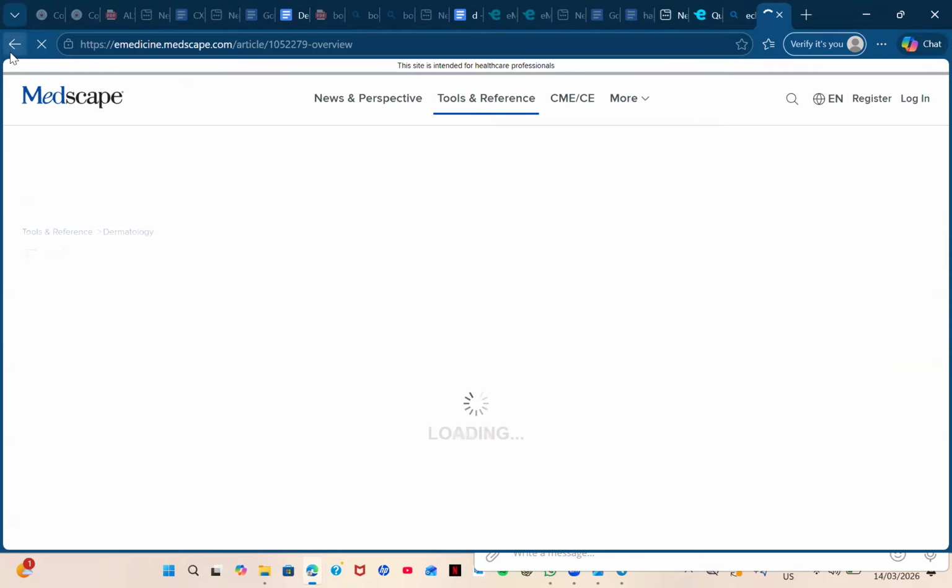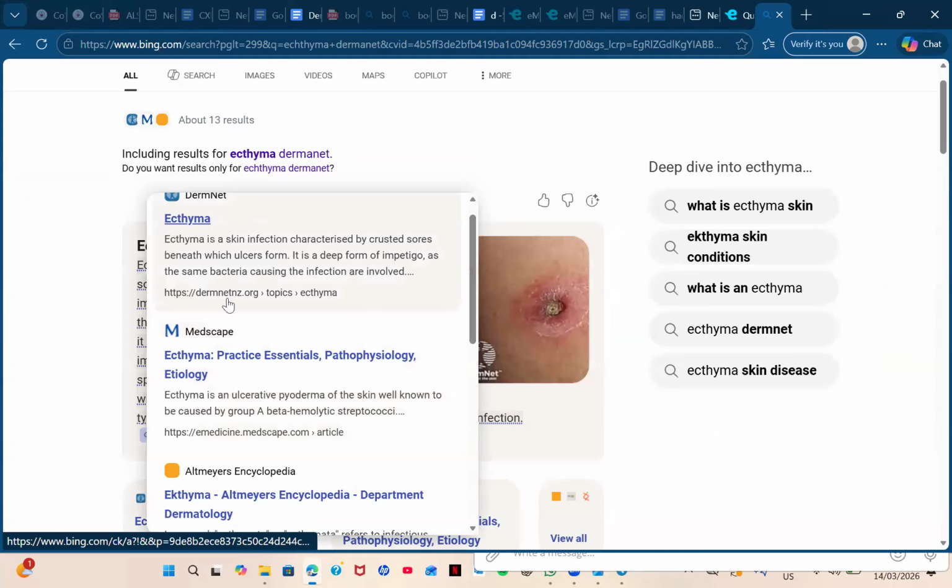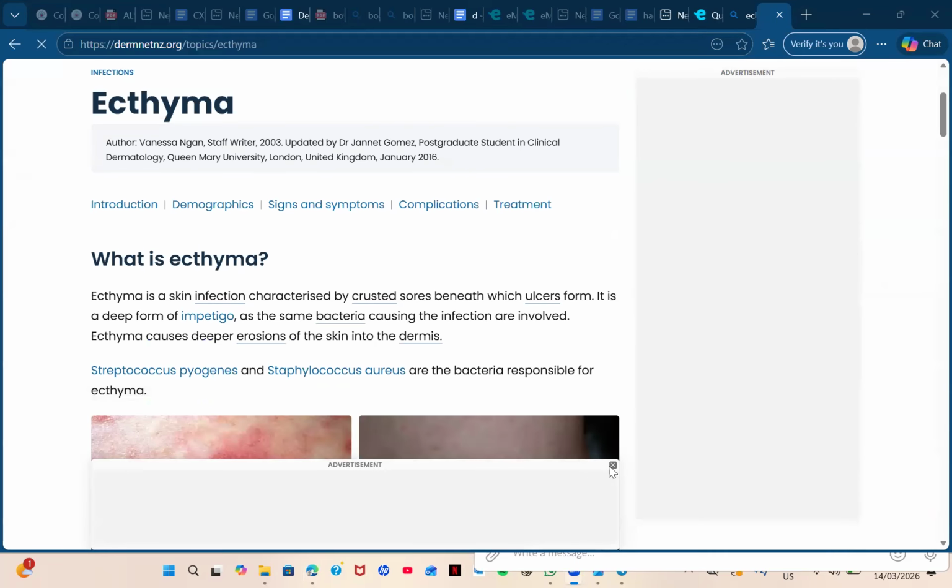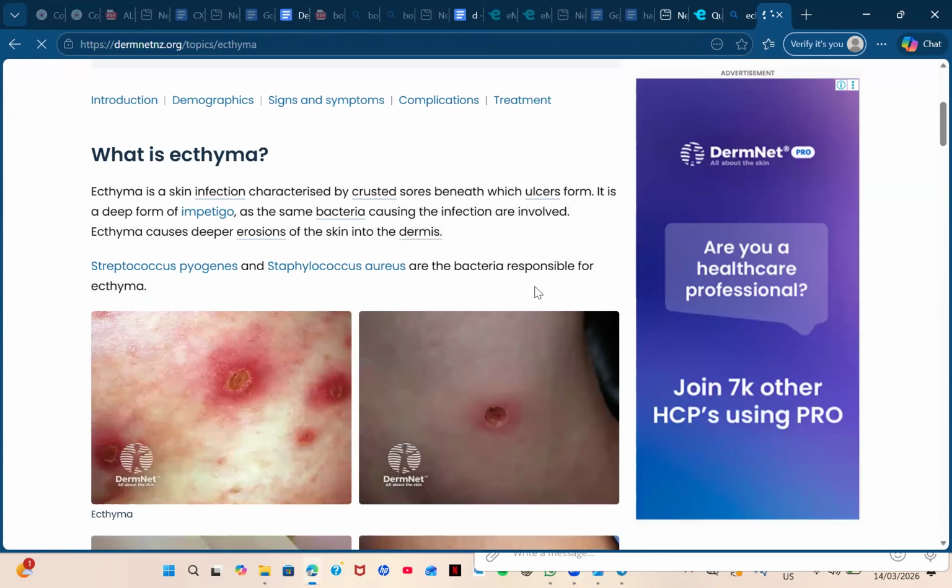Tell me, what is this? Okay, I won't dominate. Yes. Ecthyma is what? Please remember, because sometimes there can be confusion between impetigo and ecthyma.